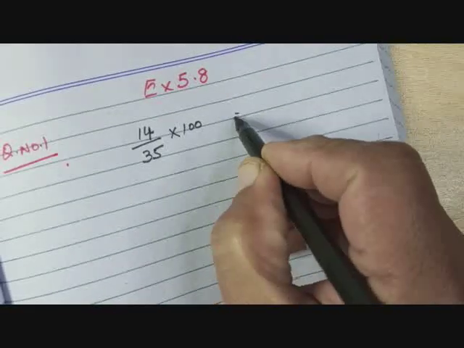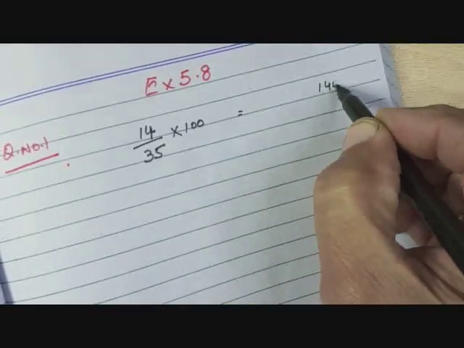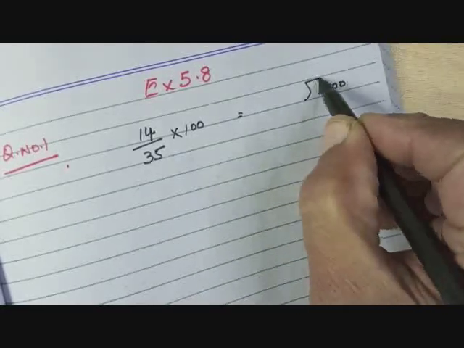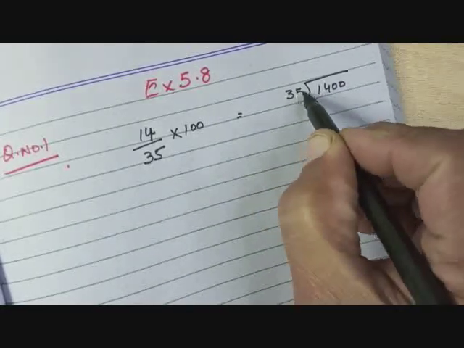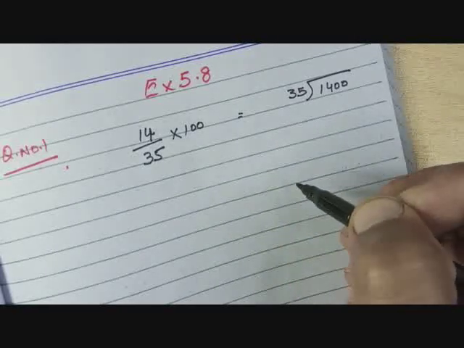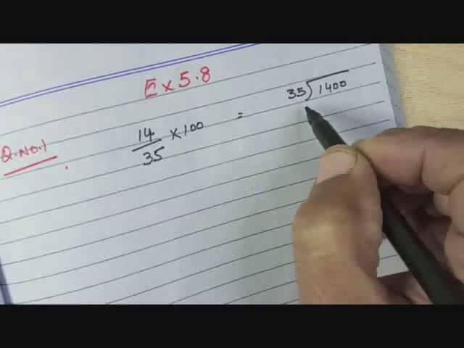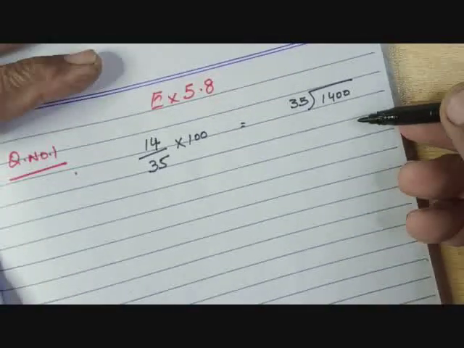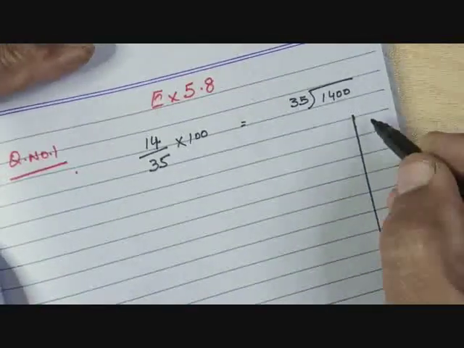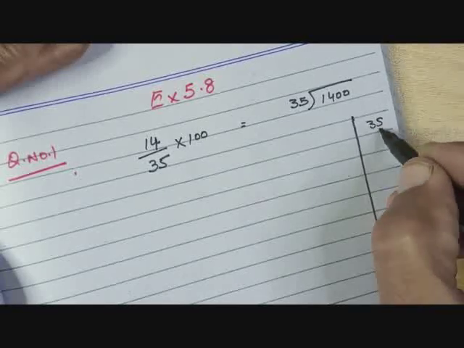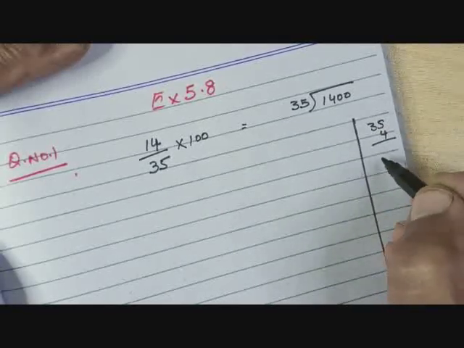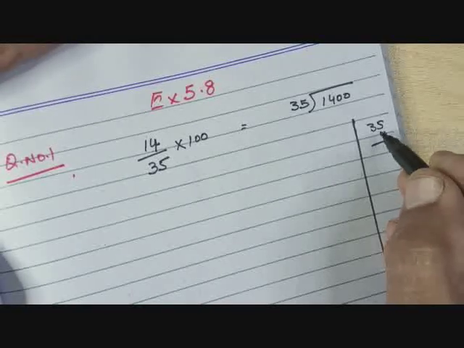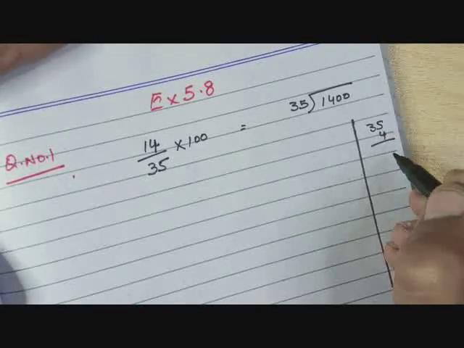So what will it become? It will become 1400, and we have to divide it by 35. Let me try it with 4. 35 four times must be 140, because two times it is 70, three times 105, and four times it is 140.